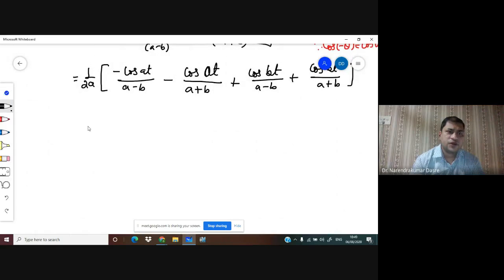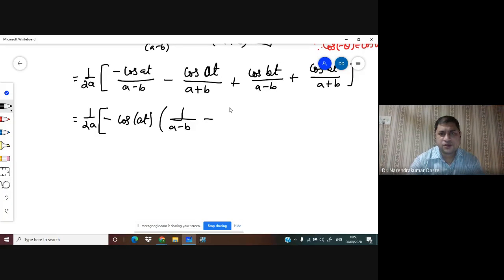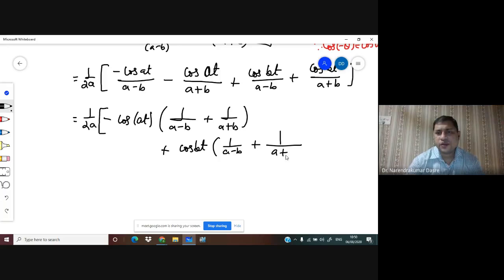So we can simplify this as 1 upon 2a. In this, minus cos of at is common, and we have 1 upon a minus b minus 1 upon a plus b, plus cos of bt common, with 1 upon a minus b plus 1 upon a plus b.